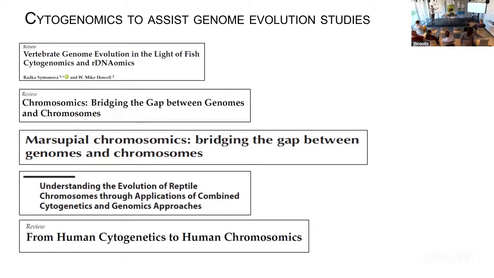I just want to mention these nice reviews here, in which you can see cytogenomics helped the study of genome evolution from fish to reptiles, marsupials, human. Chromosomics is just another term to define cytogenomics, the science that tries to create the link between the genomic data and the cytogenetic data.